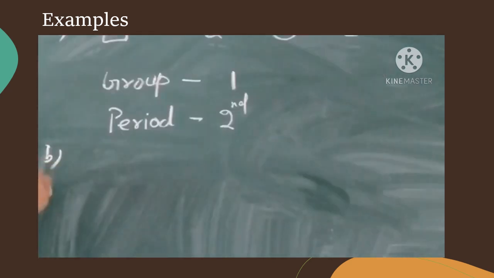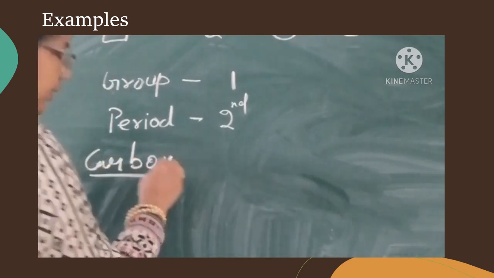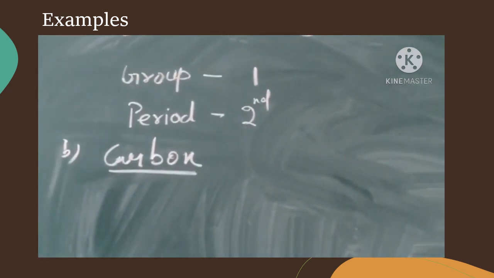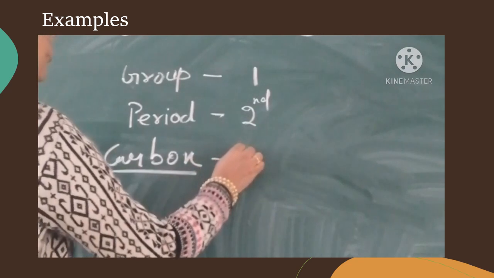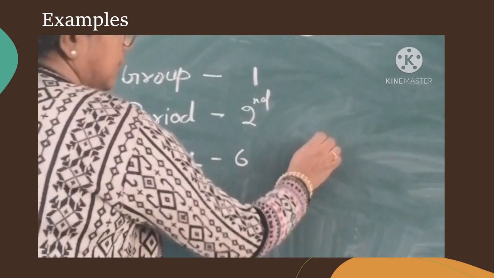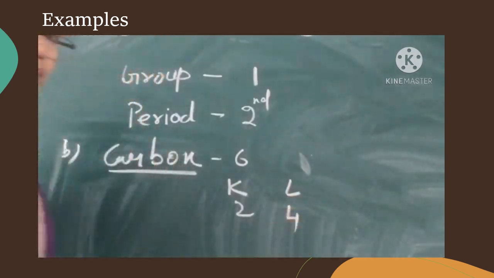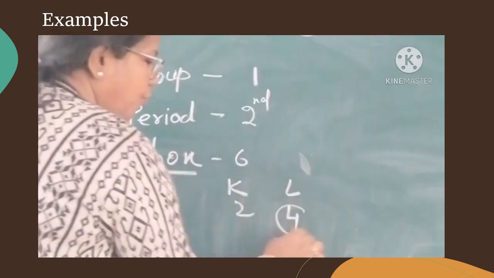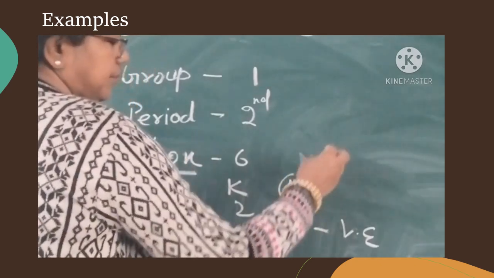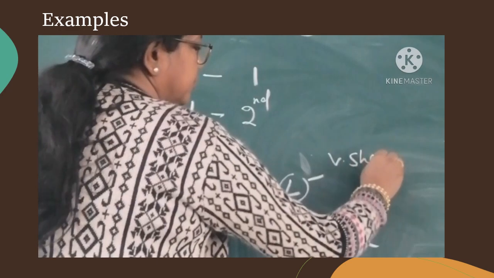Example 2, carbon. Find the position of the carbon element in the periodic table. The atomic number of carbon is 6. Therefore, the electronic configuration is K shell 2, L shell 4. That means it has 4 valence electrons and the valence shell is the L shell.